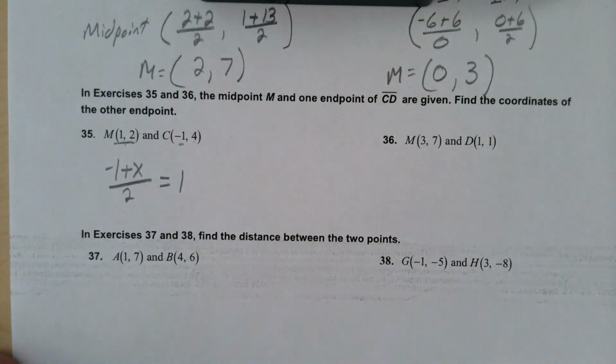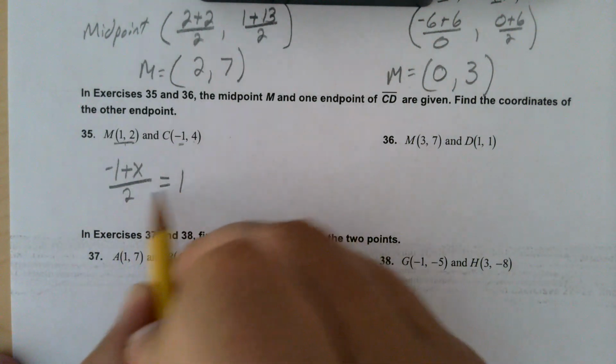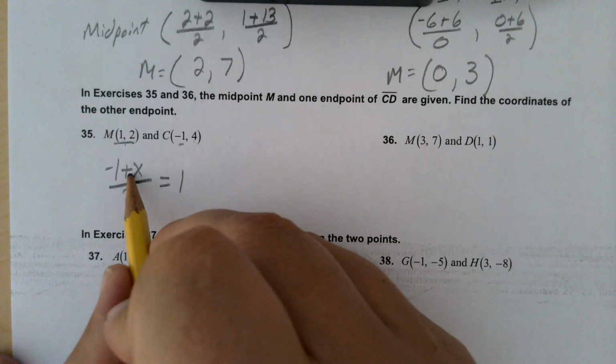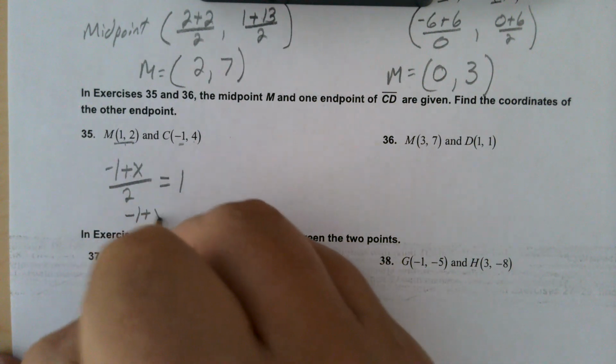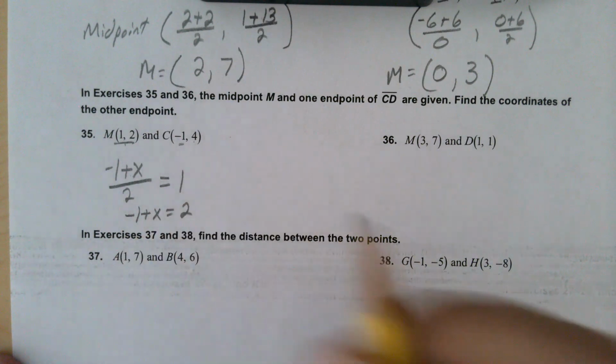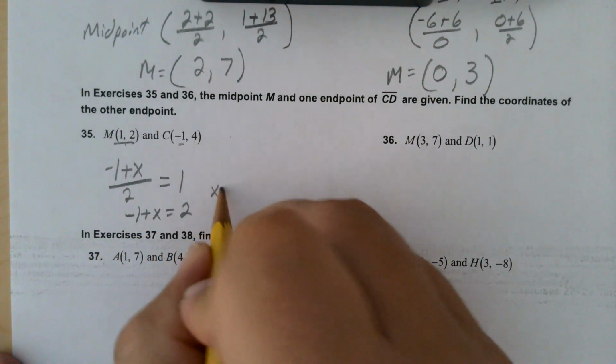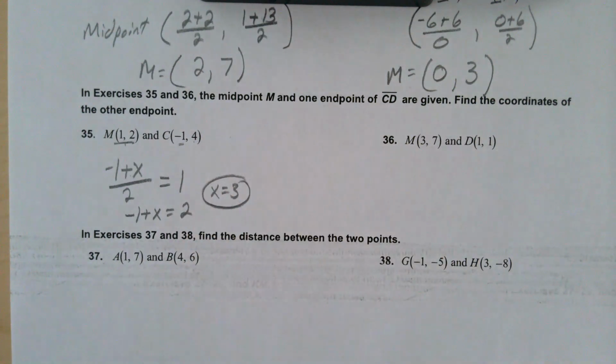That should be a very easy problem. Think of cross multiplying. This is 1 over 1. 2 times 1 is 2. Negative 1 plus x times 1. You're going to end up with an equation that looks like this. And solving, you'll know x is a 3. So I know that missing point would have an x value of 3.